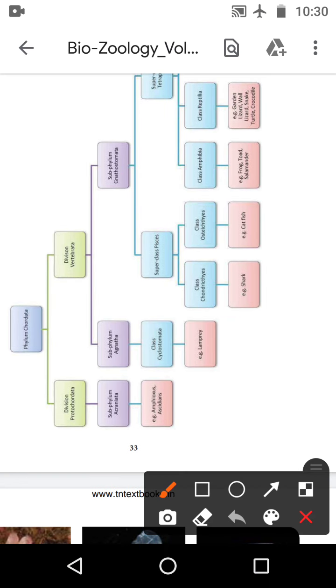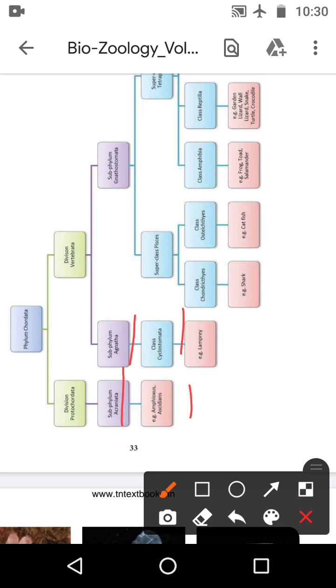What are the three divisions? Subphylum Urochordata and Cephalochordata, with examples Amphioxus and Ascidian. Then Agnatha, with the class Cyclostomata, and the example is the Lamprey.